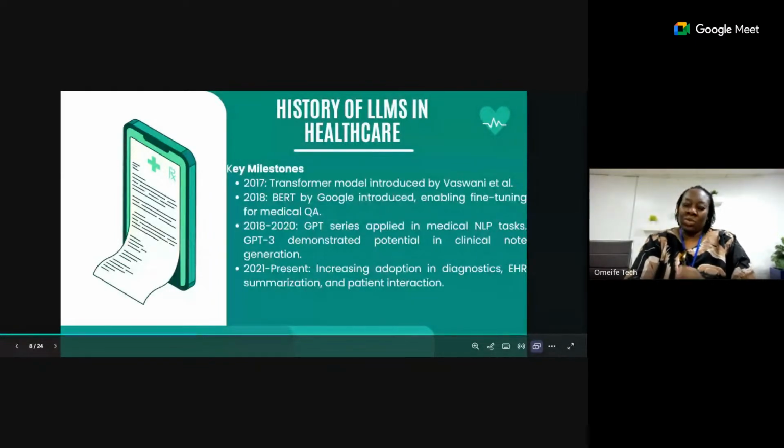Then 2018 to 2020, we saw the rise of GPT series, which was applied in medical NLP tasks also. Then in 2020, particularly, GPT-3 demonstrated potential in clinical notes generation. Then in 2021 to present, we start having more adoptions in diagnostics, EHR summarization, and patient interaction.